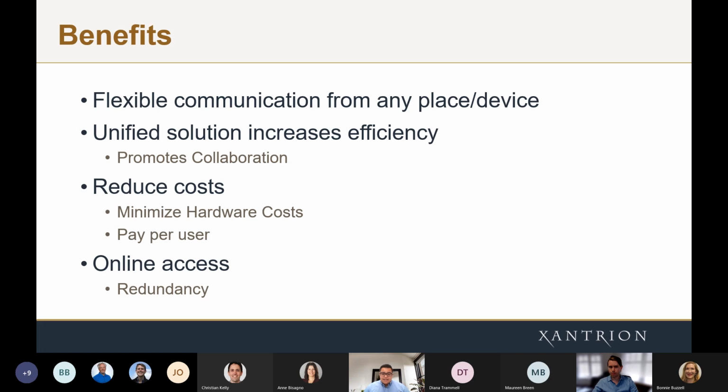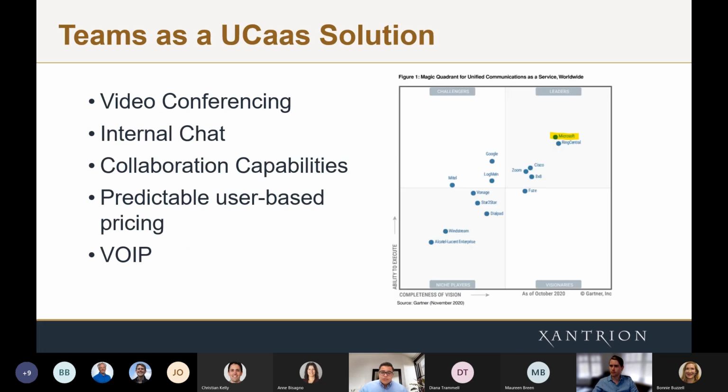And given that understanding, we're going to be able to leverage calling capabilities at any point in time when we do have access to Wi-Fi, to data, any way to get access to the internet. So there are a lot of benefits here from unified communications as a service, and I'm hoping I'm able to paint that picture as to why it's relevant for you and your specific needs.